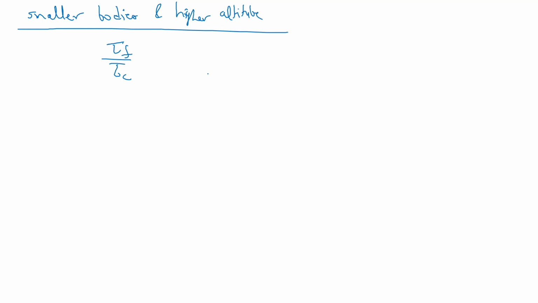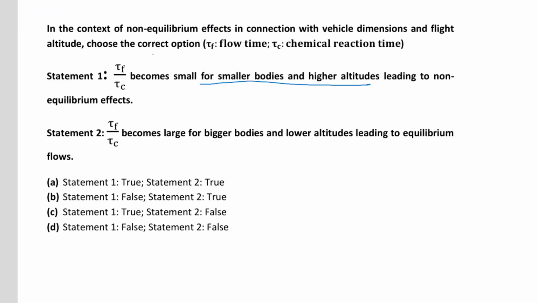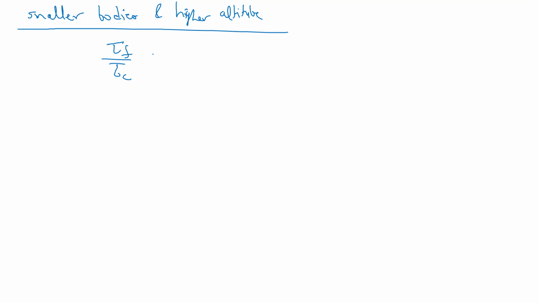So this tau f will be small for smaller bodies, and for high altitude, density will be low. Due to the low density, there will be low collision frequency. Due to the low collision frequency, the chemical reaction time will be less. Sorry, chemical reaction time will be high.